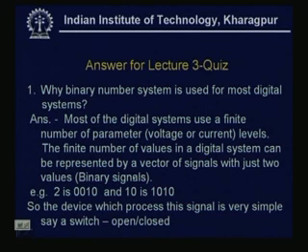That is the binary signals, which can be represented by a string of 0 and 1, like 0 0 1 0, or 1 0 1 0, and the device which processes this signal is very simple to implement, say a switch, either 0 or 1, meaning switch on or switch off, or open or closed. So, that is why binary number system is used for most digital systems.